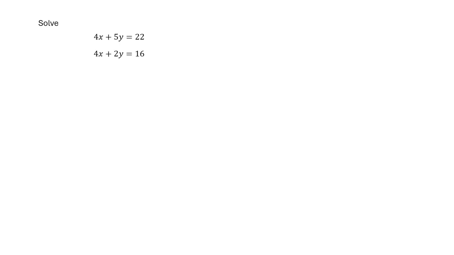So in this example, we have 4x plus 5y equals 22 and 4x plus 2y equals 16. So we're going to eliminate the x's, and we're going to do that using subtraction, because they're both the same. Subtraction is the chosen method for eliminating the variable.